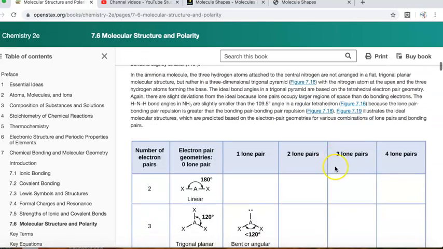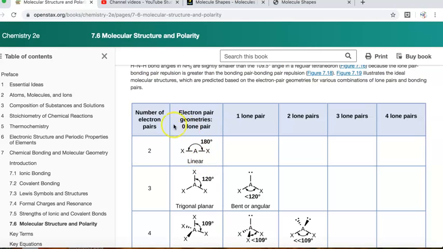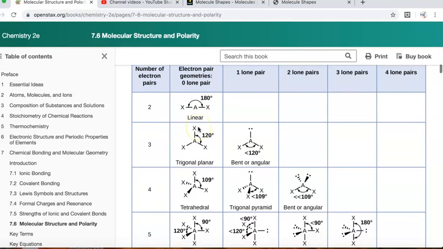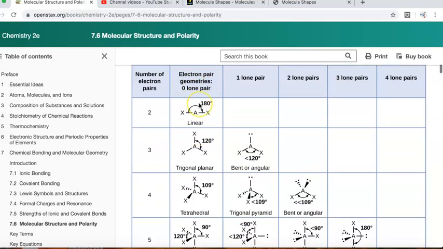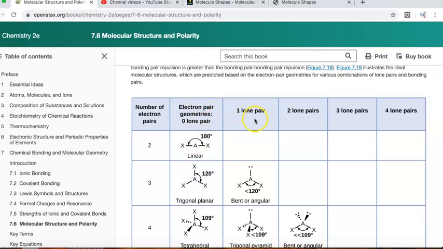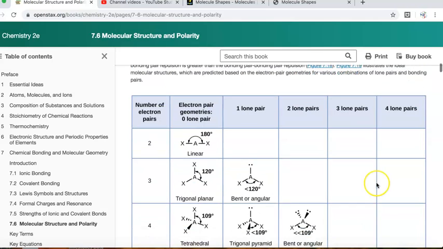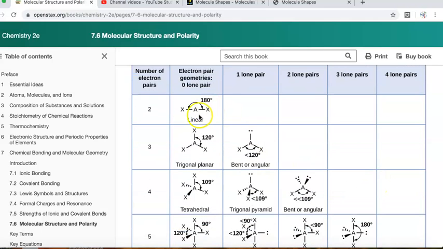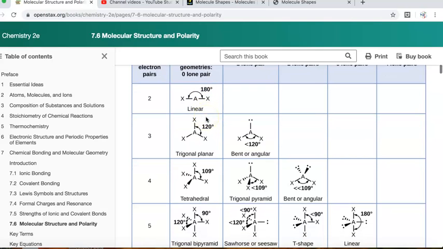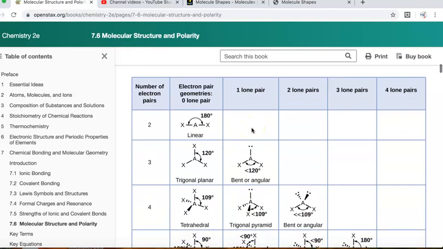So now that we know that, we can go back and look at our electron pair geometries, when you have no lone pairs, and compare that to when you do have 1 or 2 or 3 or 4 lone pairs. This chart is something you're going to have to memorize and know, because you're going to have to draw out Lewis structures and figure out what the molecular geometry happens to be.